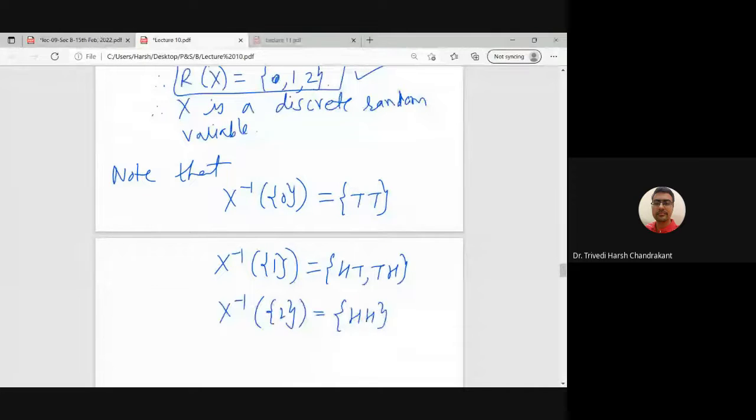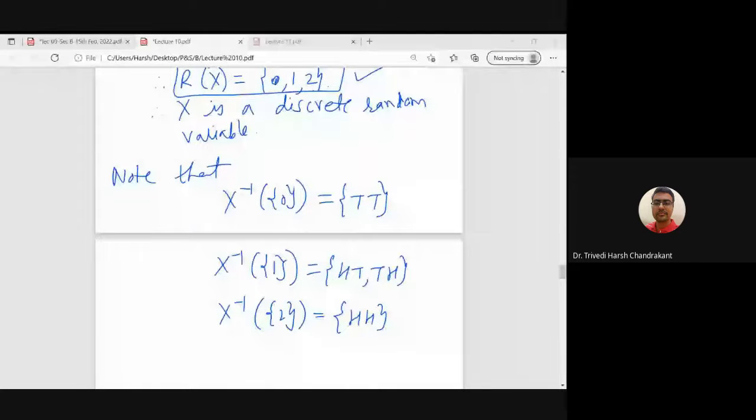So in this experiment, we have defined the random variable. And then we have found all the elements in the range of that random variable. And using every element of the range of the random variable, we have found the pre-image or inverse image, whatever you call.